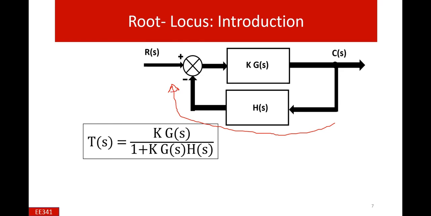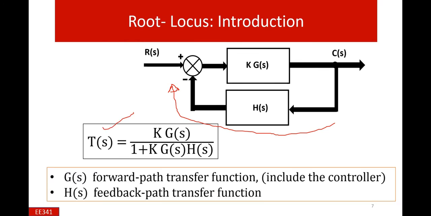The transfer function of the feedback is H(s), and the forward transfer function is KG(s). So the closed loop transfer function is given by this relation. This is the important parameter for understanding the details of the root locus.